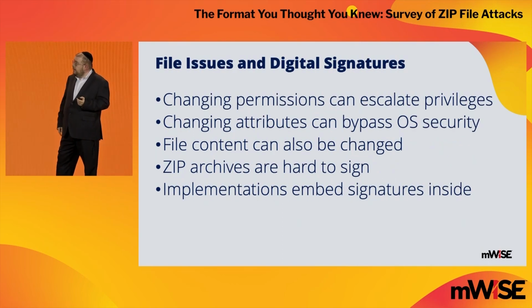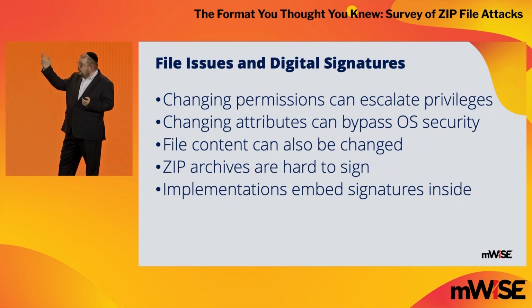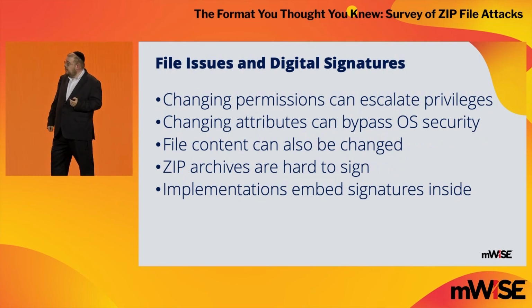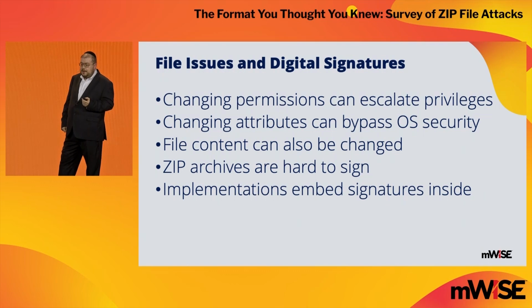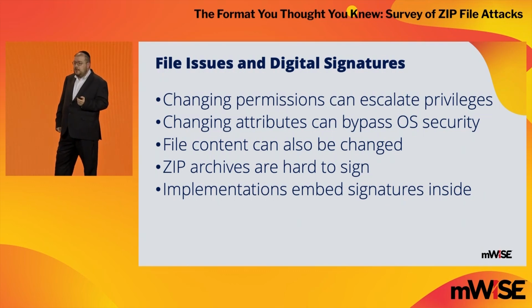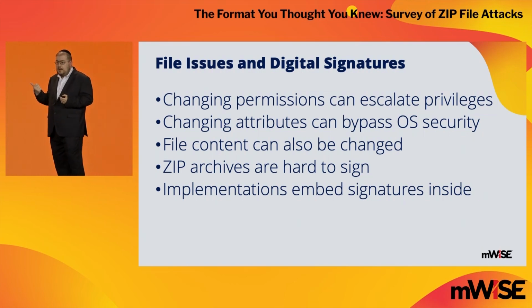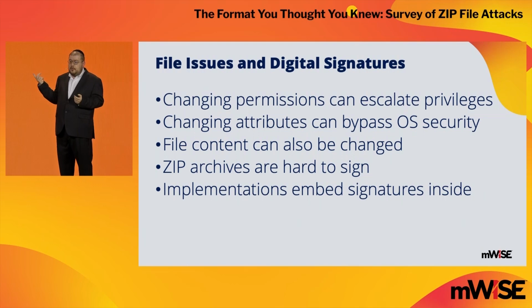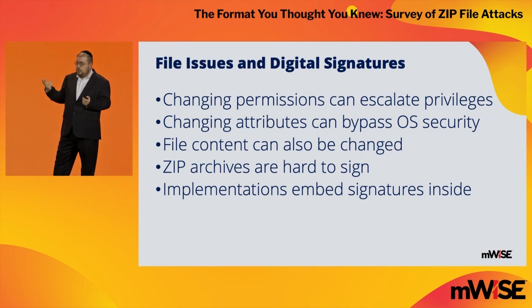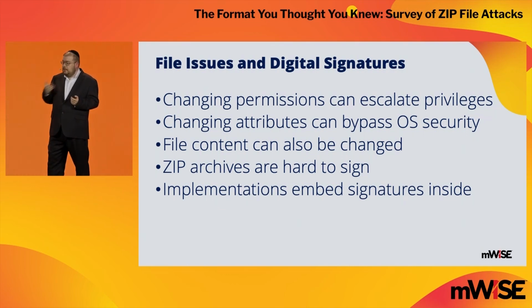The third way is digital signatures. So one is file permissions, but digital signatures are also a lot harder to protect against. We're talking about a system that's expecting executable code, and it's trusting a digital signature to make sure the code can be executed. Think of something like Authenticode. In the Android world, most Android applications are digitally signed as well. If you could mess with those digital signatures, where the application is going to expect something and trust it once it passes the signature check, then it will execute.